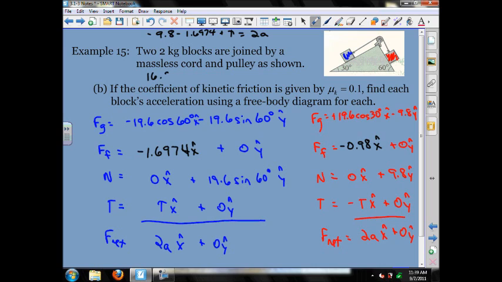That same 16.974 minus 0.98 minus t equals 2a. Add them together gives me 4a equals 4.4966. Divided by 4, I get 1.12.